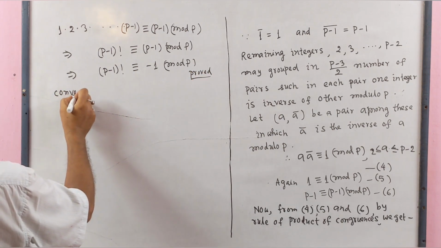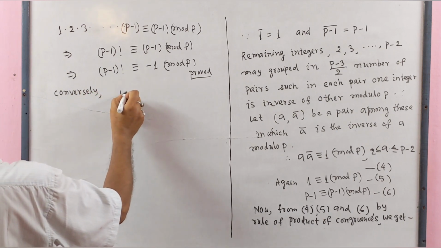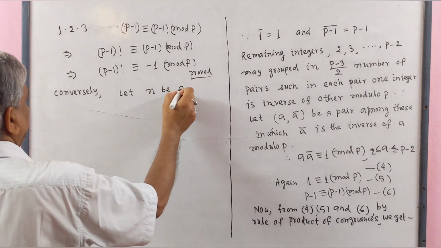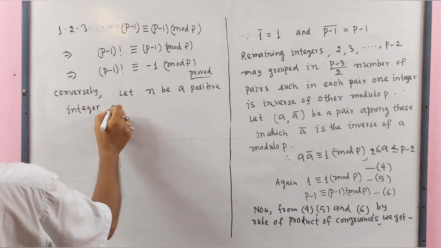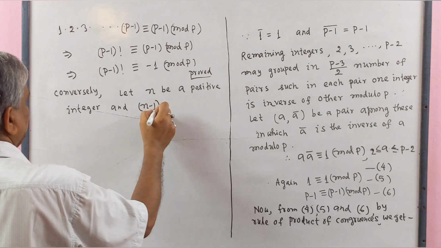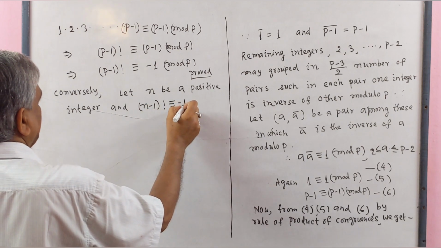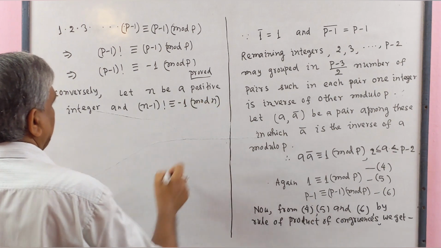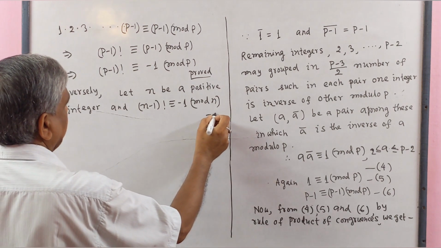Conversely, let n be a positive integer and factorial n minus 1 congruent to minus 1 modulo n. Let this be number 7.